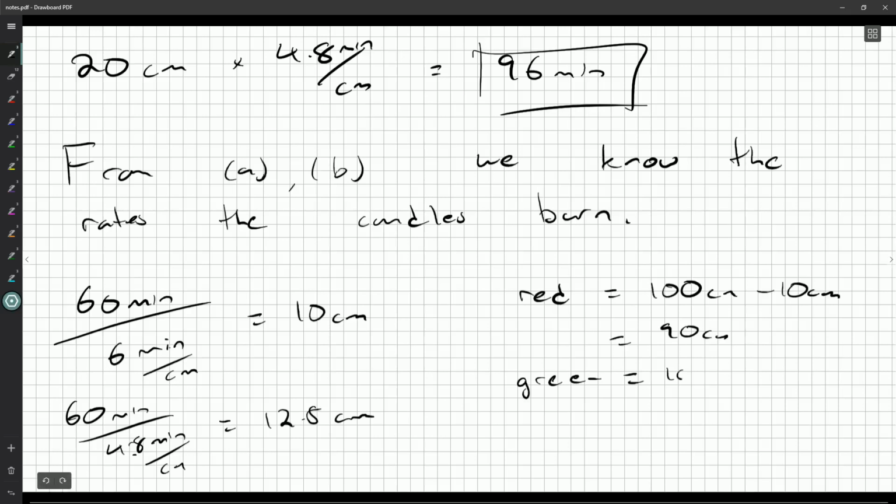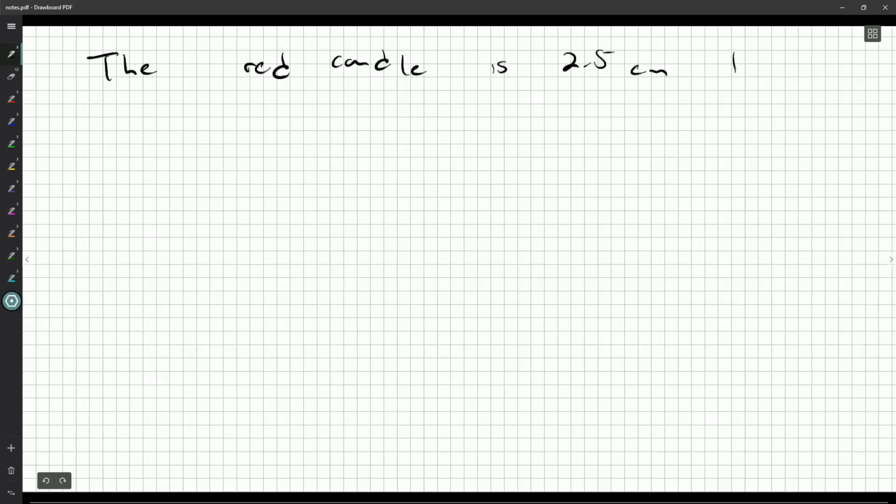And the green candle is 100 centimeters minus 12.5 centimeters, so it's at 87.5, a difference of 2.5 centimeters. So you could say the red candle is 2.5 centimeters taller. That would be a fine way to end C part.